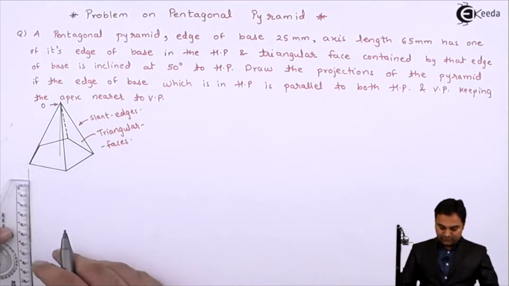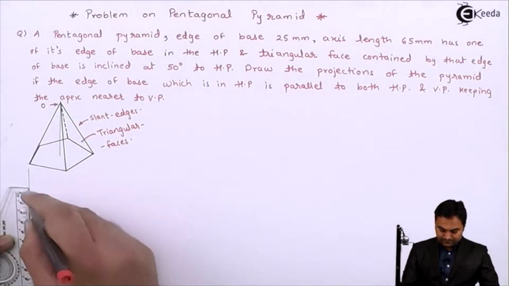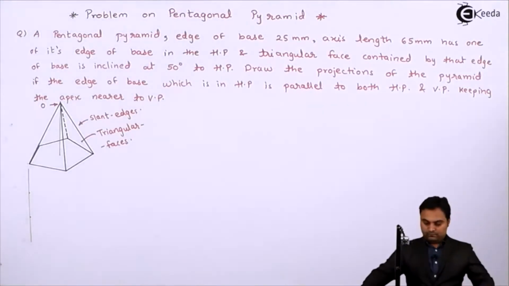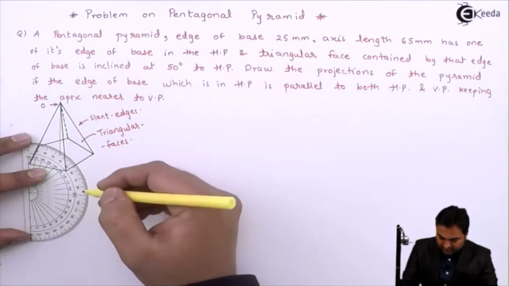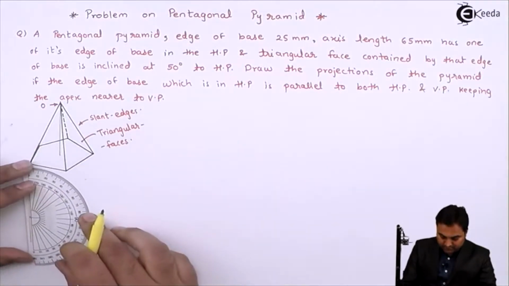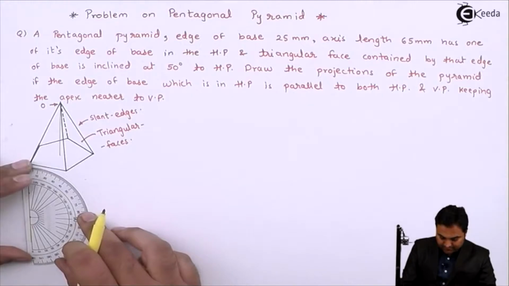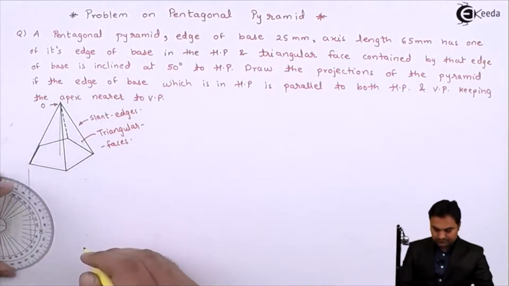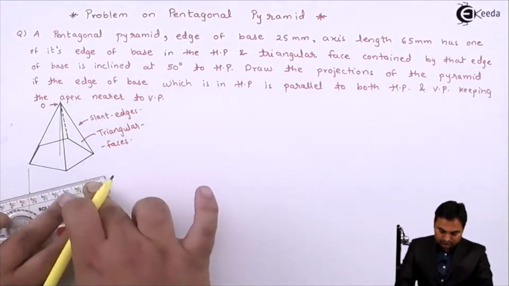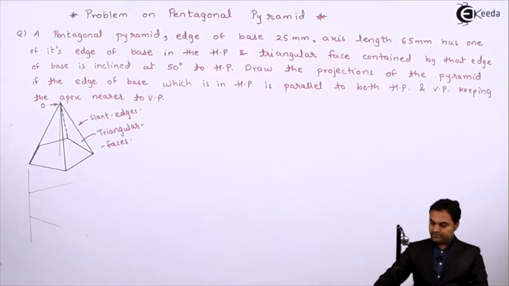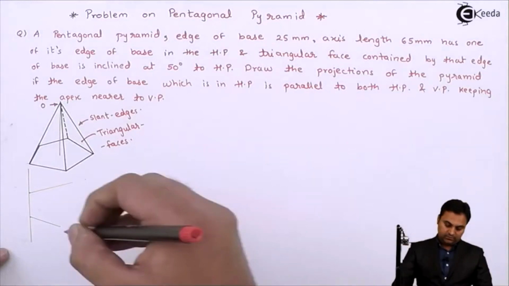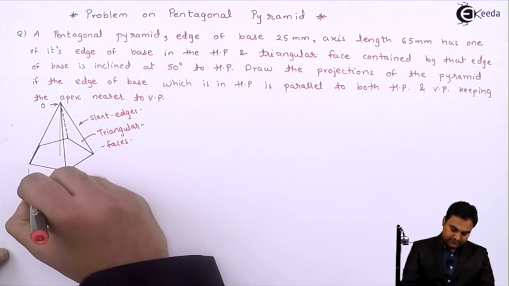The base edge is 25 given. 72° angle should be marked for the base edges of the pyramid. So the edges are inclined at 72° angle for the pentagonal pyramid, or we can say for the pentagon.